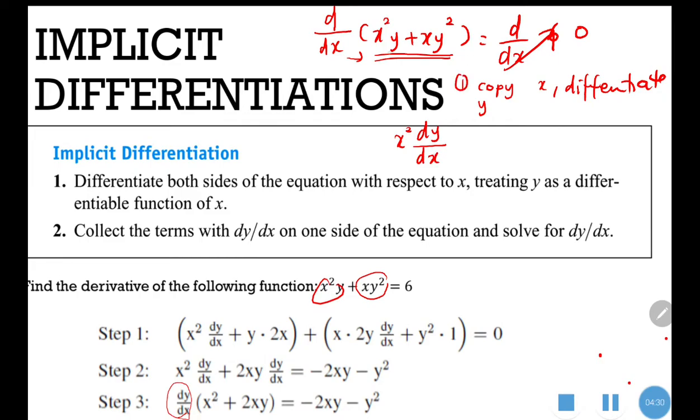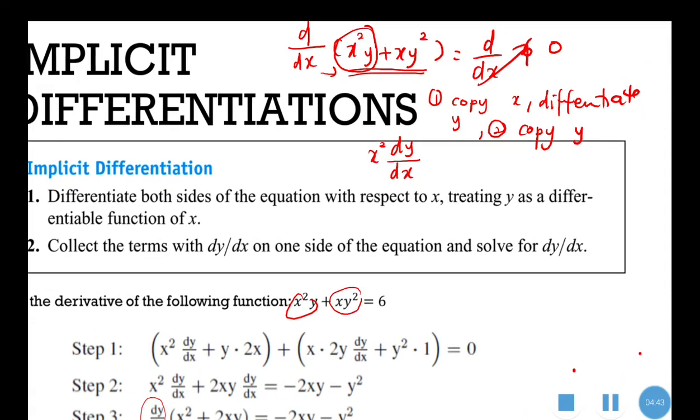And then looking at the same equation again, this one x squared y, the second step is to copy y and then differentiate x.